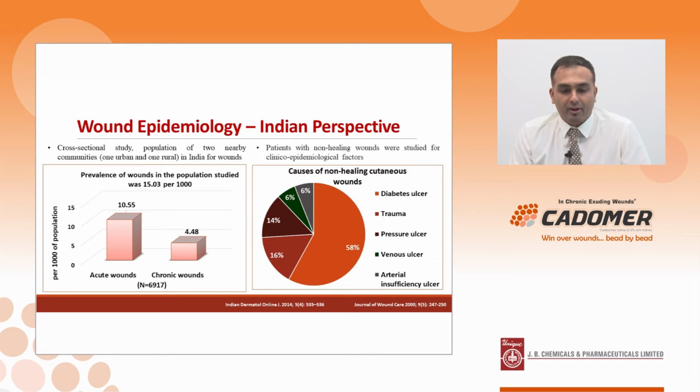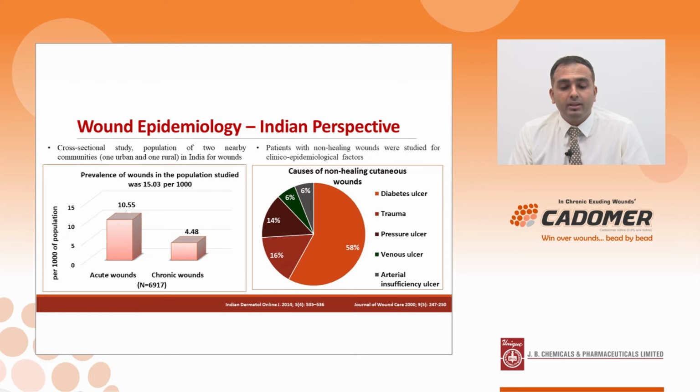Now, if I have to further bifurcate the causes of these chronic wounds, I can look at this pie chart to understand the causes of non-healing cutaneous wounds. Those are nothing but the chronic wounds which have affected deep down the layers of the skin.